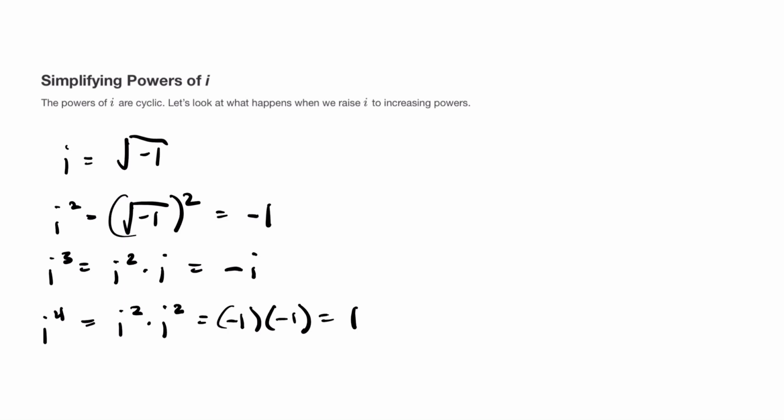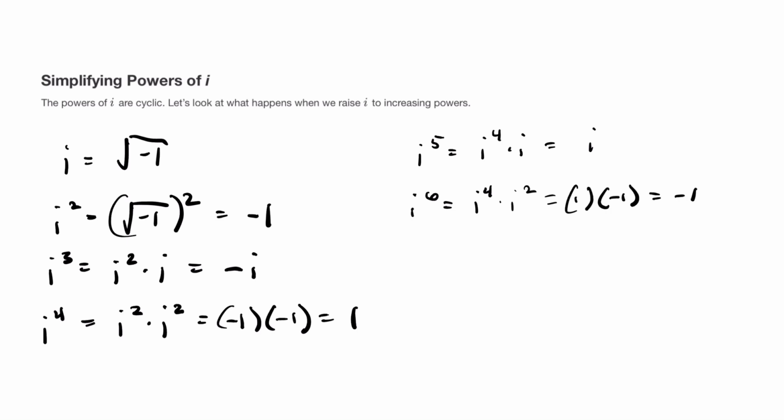Then let's look at the power of 5. i to the power of 5 is i to the power of 4 times i, which is just i. i to the power of 6 is i to the power of 4 times i squared, so that's 1 times -1, which is ultimately -1. i to the power of 7 is i to the 4 times i to the 3, which is 1 times -i.